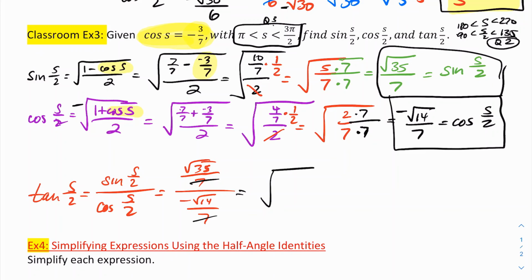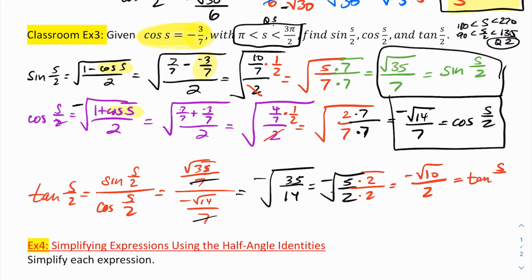So I'm going to get negative square root of 35 over 14, which is negative square root of 7 goes into that 5 times, 7 goes into that twice. And then we would have to multiply top and bottom by 2. So negative square root of 10 over 2, because that's the square root of 4. And that equals tangent of s over 2. And that should cover at least through that question. We have a few more examples to do.